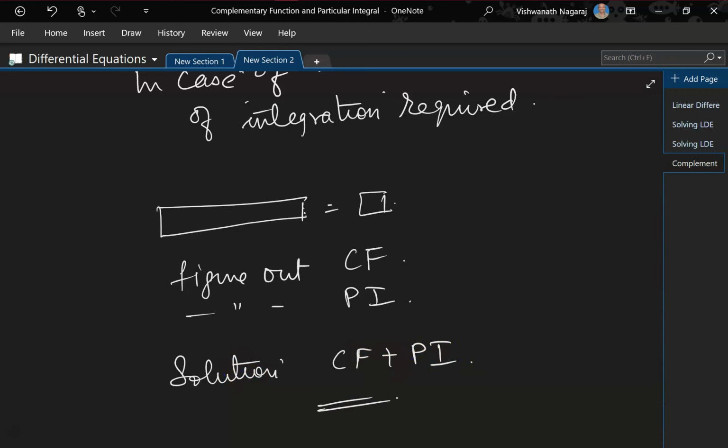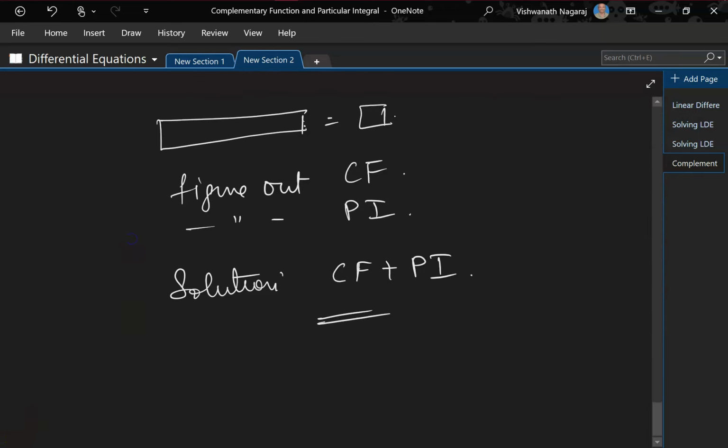Now in the next session we will look at it in more detail. Bye for now.